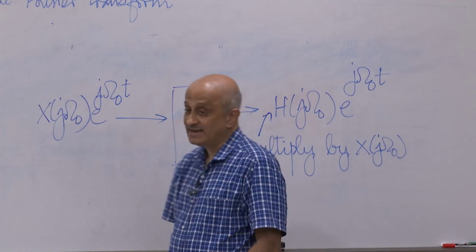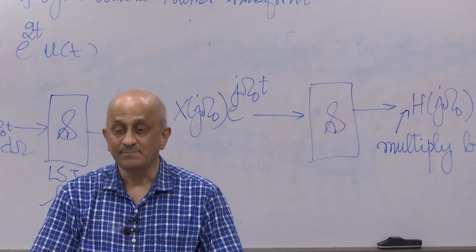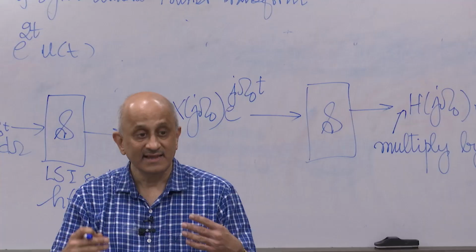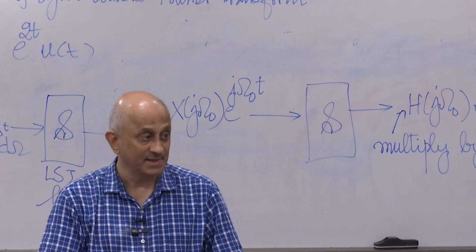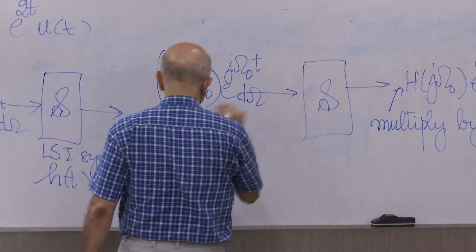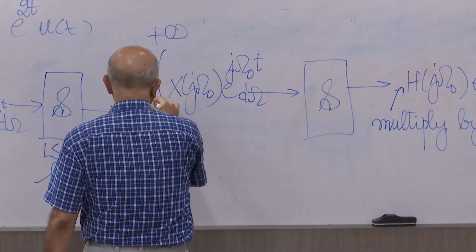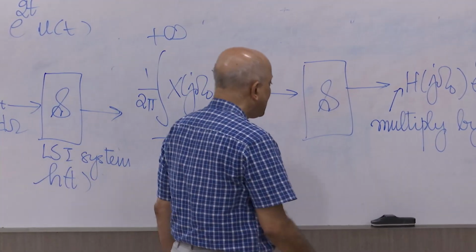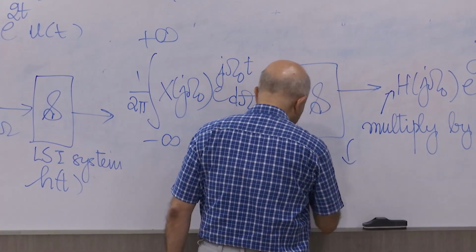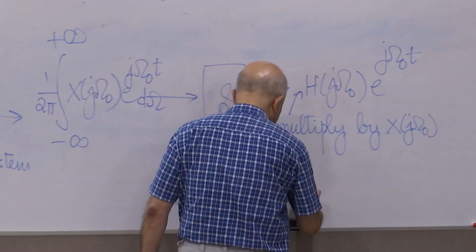And now when I integrate with respect to all omega, effectively I am invoking the principle of additivity here, right? Integration is the limiting case of addition. So, when I integrate over all omega, and of course divide by 2 pi, that's just a constant, I would effectively get 1 by 2 pi integral over all omega naught.